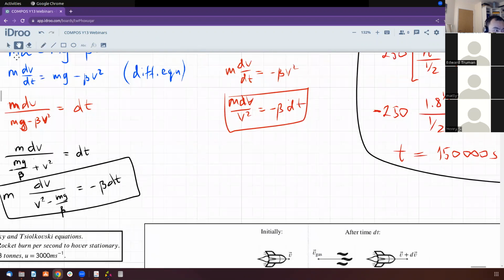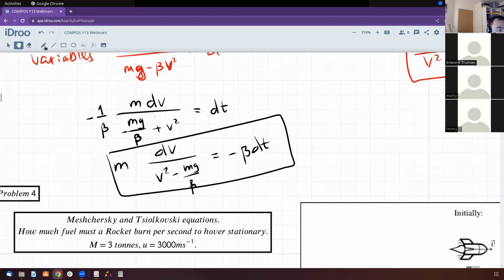Now this integral is not particularly easy. So the integral is v changes from 0 to v terminal. Okay, no, we don't do v terminal, sorry. v changes from 0 to v, and t changes from 0 to t. And then you integrate.